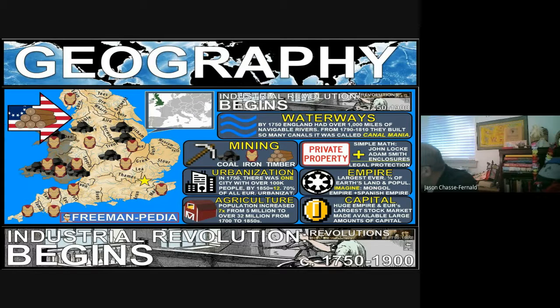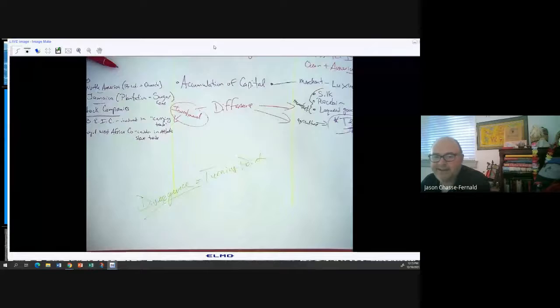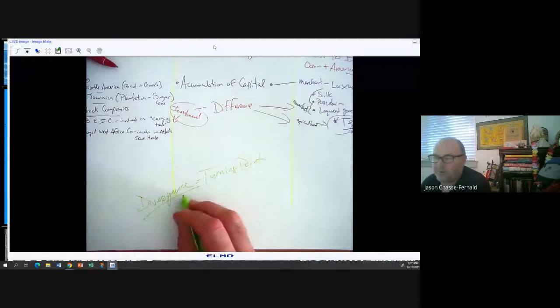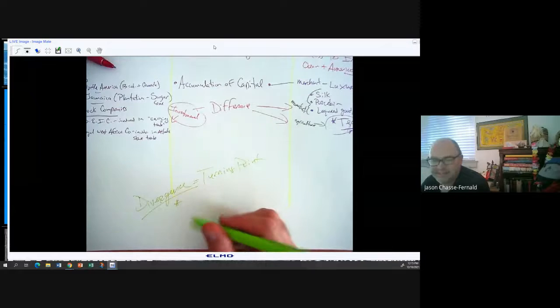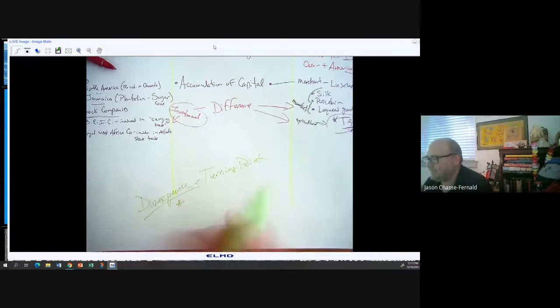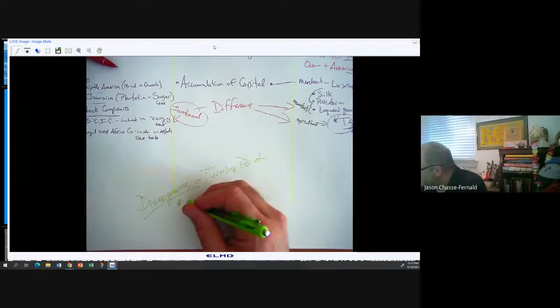That's a fancy word for turning point. And you've got the convergence of a number of different, oops, I'm writing on the wrong screen. Sorry. So this is a divergence moment or a turning point moment. And when you're looking at this, there's a couple things converging all at the exact same time.